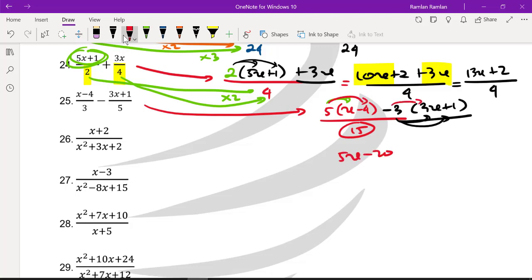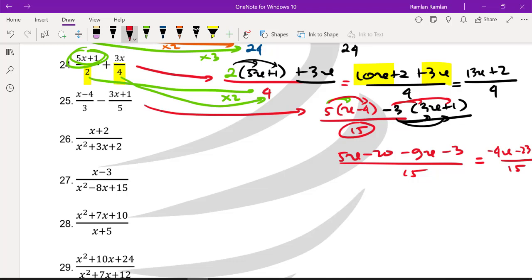Then minus 3 times 3x is negative 9x, and negative 3 times 1 is negative 3. Can you see that we have like terms, this one and this one? 5x minus 9x becomes negative 4x, and then minus 20 minus 3 is minus 23, over 15.